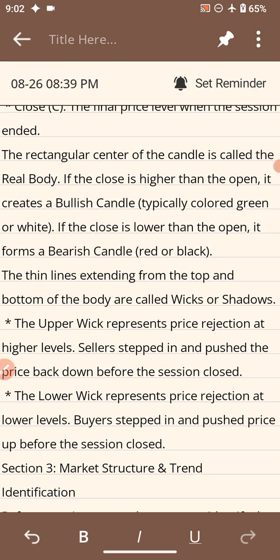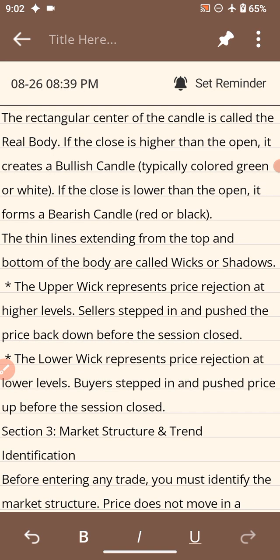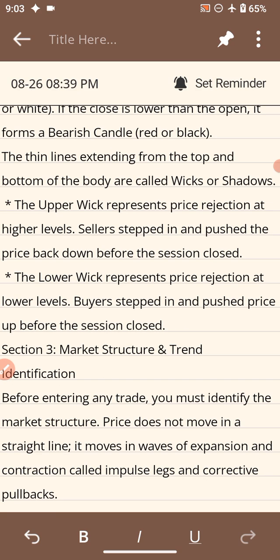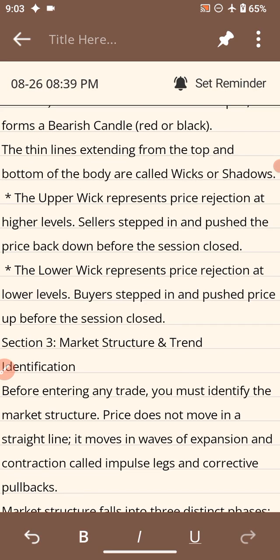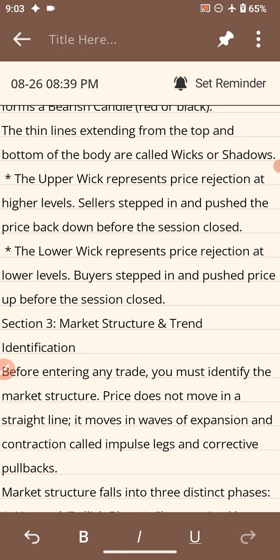The thin lines extending from the top and bottom of the body are called wicks or shadows. The upper wick represents price rejection at a higher level. Sellers stepped in and pushed the price back down before the season closed. The lower wick represents price rejection at a lower level. Buyers stepped in and pushed price up before the season closed.